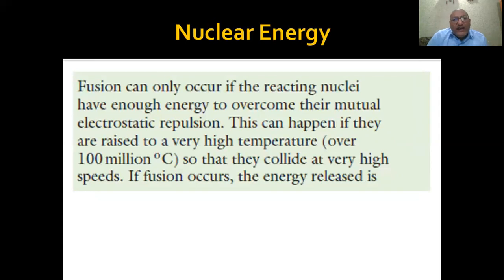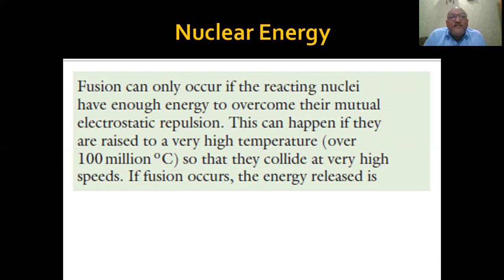Fusion can only occur if the reacting nuclei have enough energy to overcome their mutual electrostatic repulsion. You know that both the nuclei, when you try to bring them close to each other, because both of them are positively charged, they repel each other. So they have the electrostatic force of repulsion, which is very strong. So they should have enough energy to overcome that electrostatic repulsion between them.